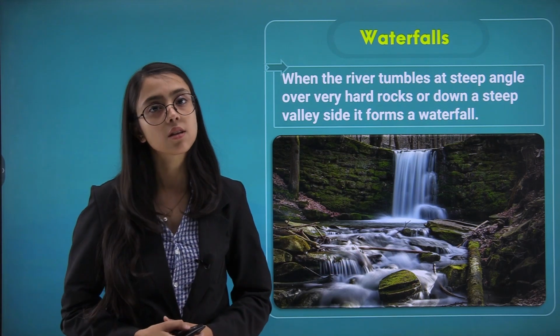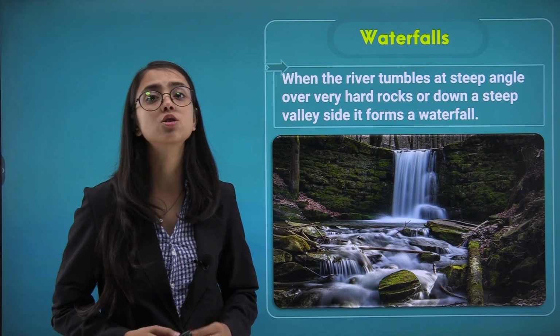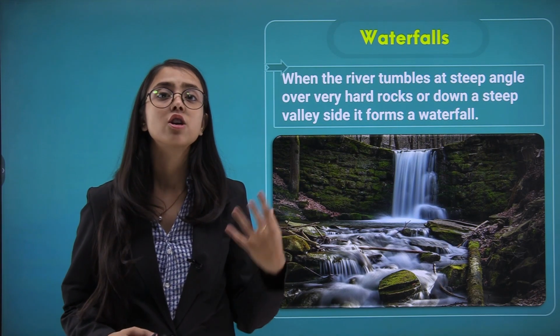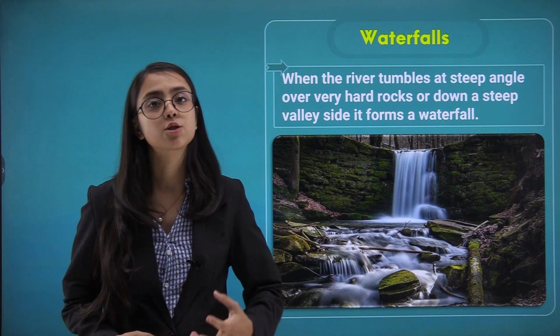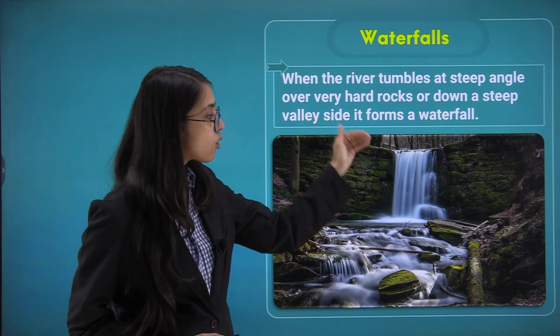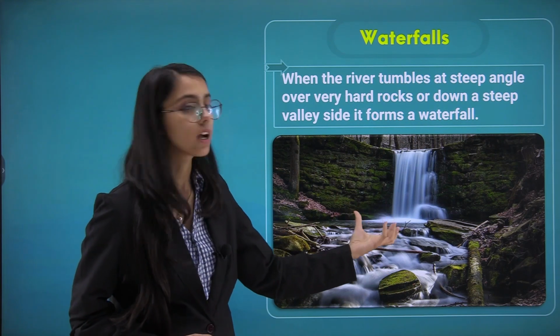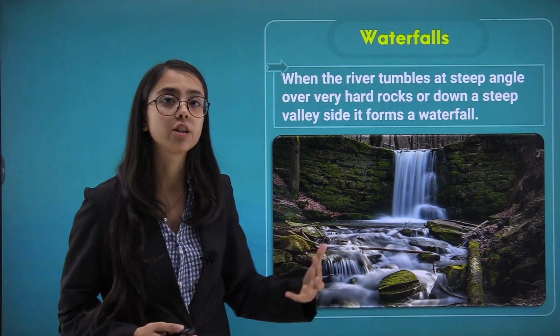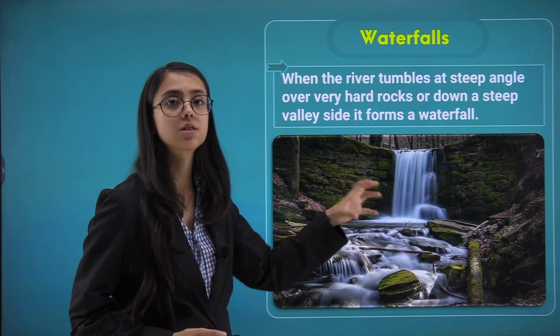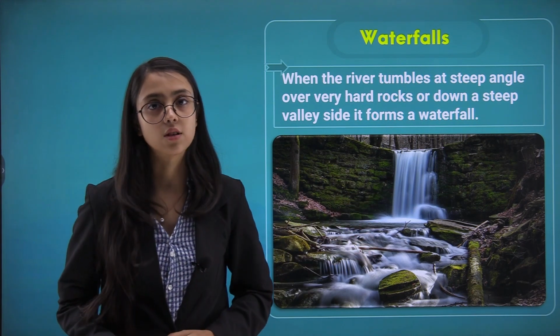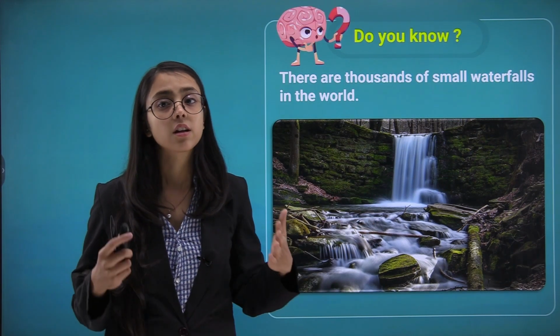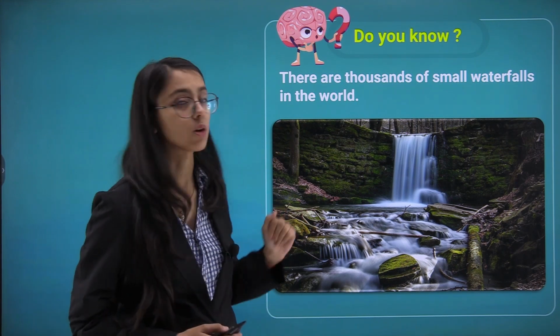This is known as a waterfall. This also results in the formation of small stones and soil, because whenever the force of the falling water touches the ground it becomes more and more feeble, and this landform is broken further into rocks.